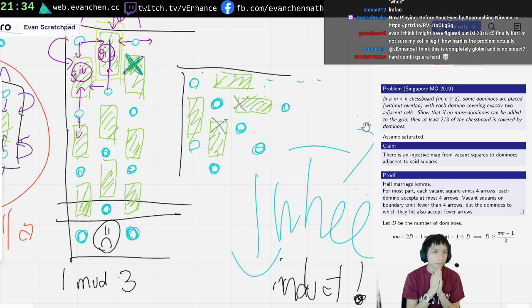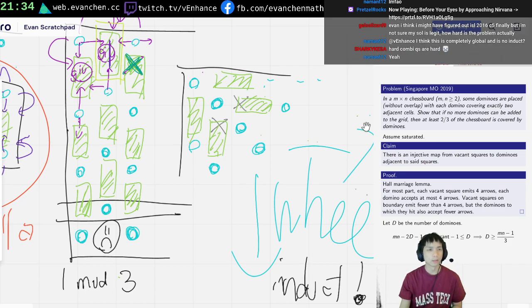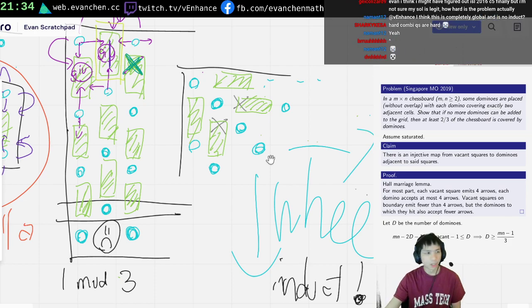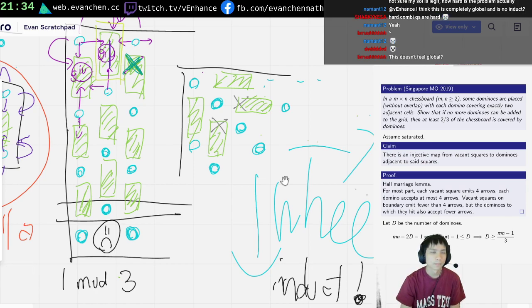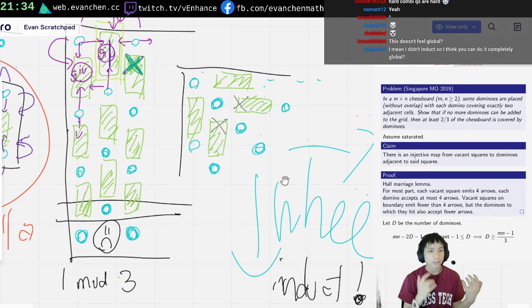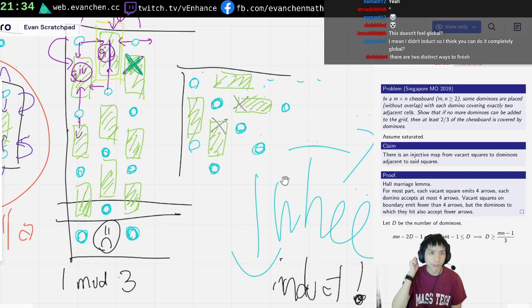This is completely global. Well, no, because this whole blob over here is sort of the induction, right? I think it's global up until you hit the equality case, and then when you hit the equality case, you're like, oh shoot.